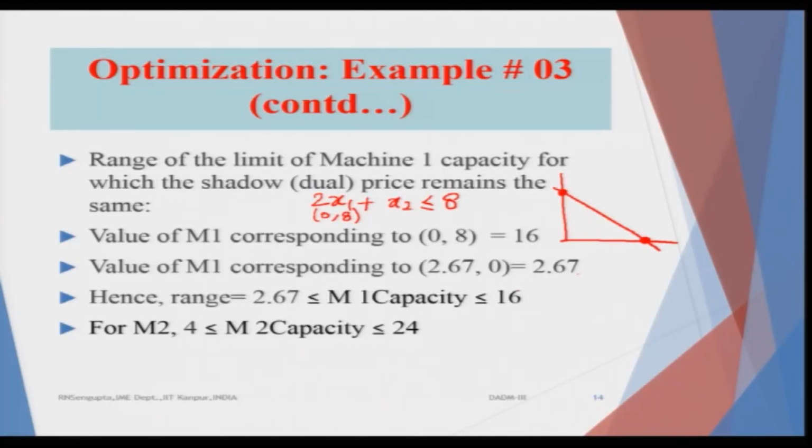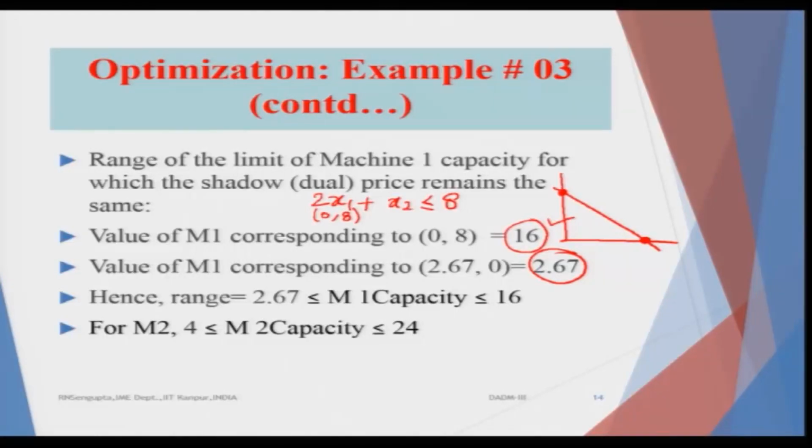So, this is the minimum utilization which you will get from machine 1. Maximum utilization for machine 1 is 16, minimum utilization from machine 1 is 2.67. So, the overall capacity utilization, in one case it will be 2.67 by 8 percent and in another case it will be 8 by 8 percent.